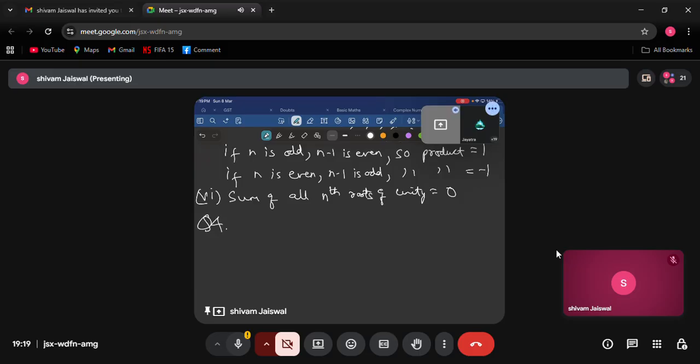Question number 4. Find the value of summation of lambda equal to 1 to 12 sine 2 lambda pi by 30 minus i cos 2 lambda pi by 30. Solve. Question number 5.